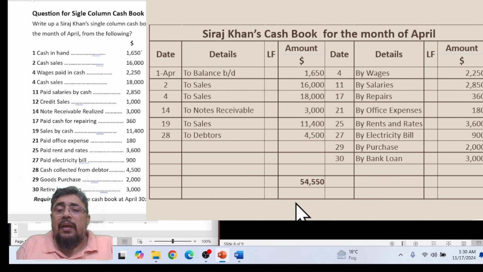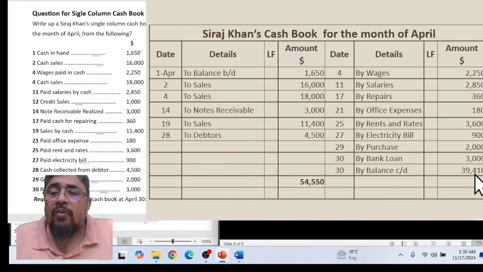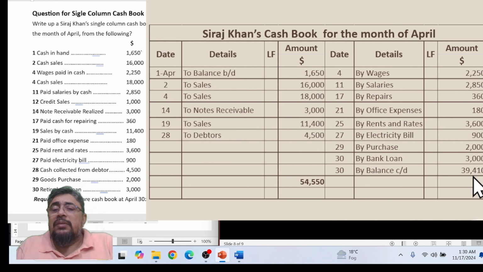So now the debit total is 54,550, and the credit total you will total on your rough paper, and then you will check the difference between the debit and the credit. So that difference becomes the balance, 39,410. This is the balance.